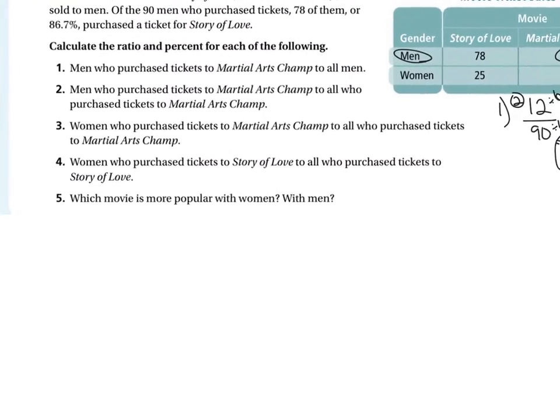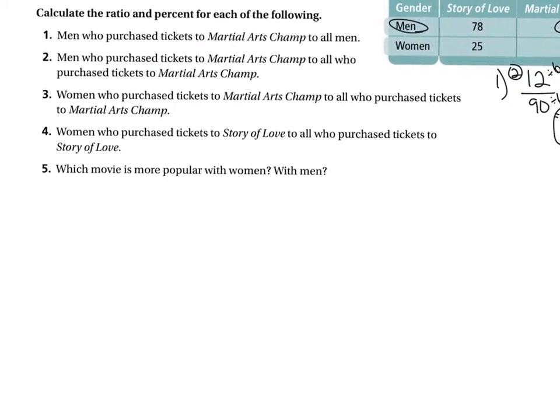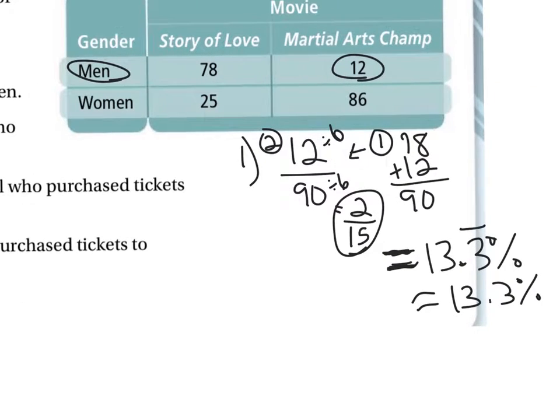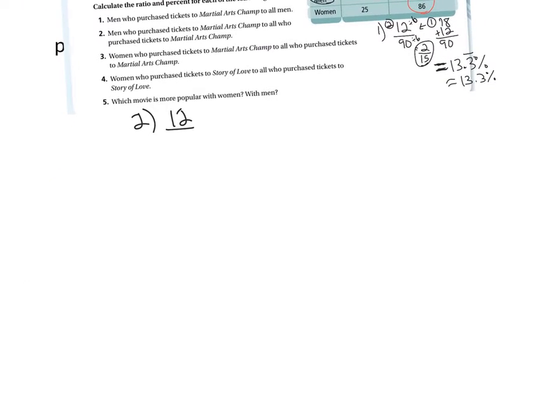If you look at number 2, men who purchased tickets to Martial Arts Champ to all who purchased tickets to Martial Arts Champ. So the men that purchased that still would be 12. Now we're comparing it to all of them who purchased tickets to that movie. So in this case, we would need to add the 12 and the 86 together, which would be 98.